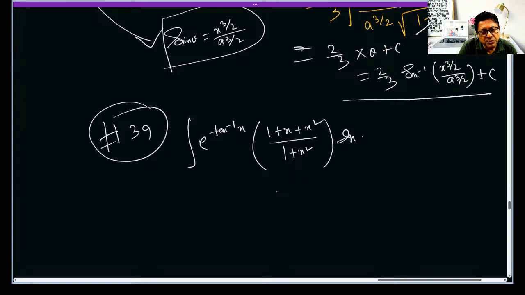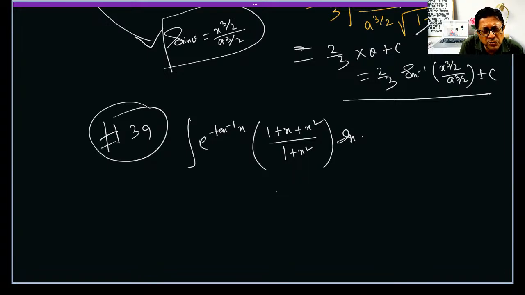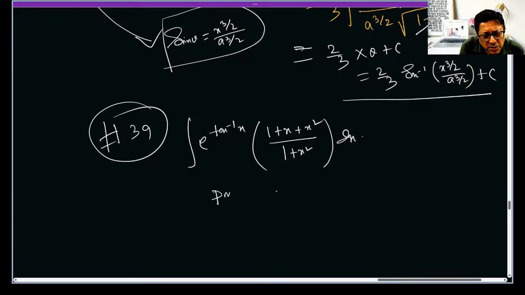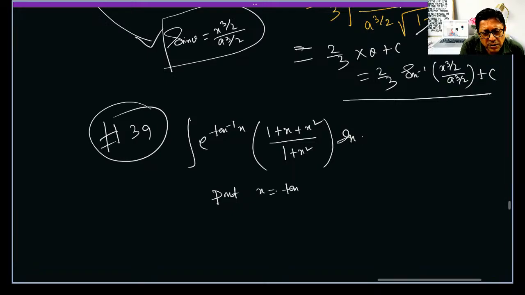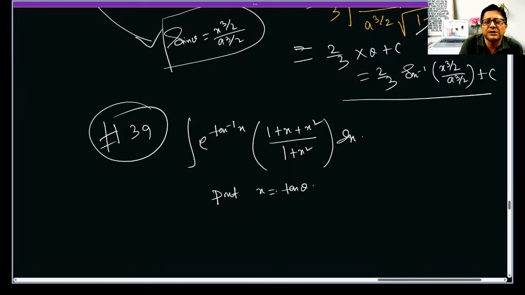We have to make a substitution here, otherwise you cannot reduce. How to? You put x equal to tan theta. So this implies dx equal to sec square theta d theta.